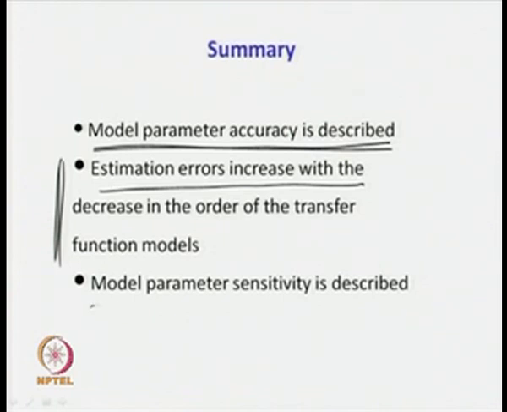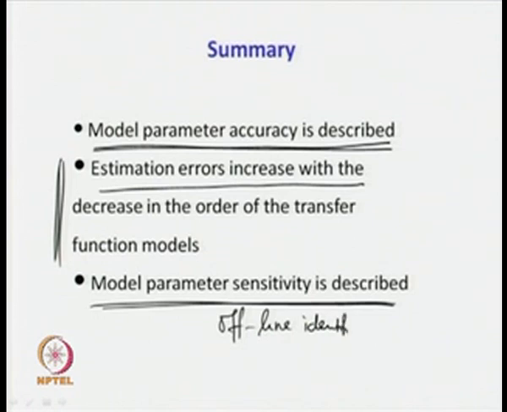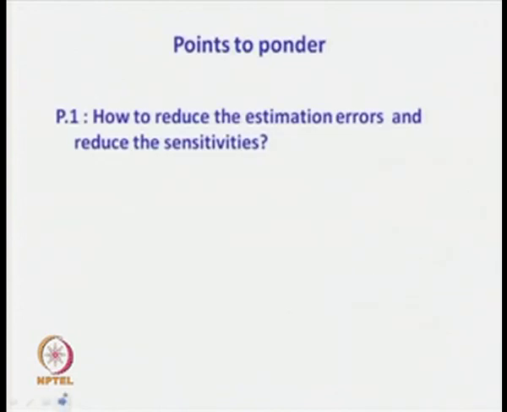Now, model parameter sensitivity is also described for a simple case where we have considered the offline identification scheme only, and this can be extended to the online identification scheme as well to find analytical expressions for the sensitivity of parameters associated with various transfer function models.